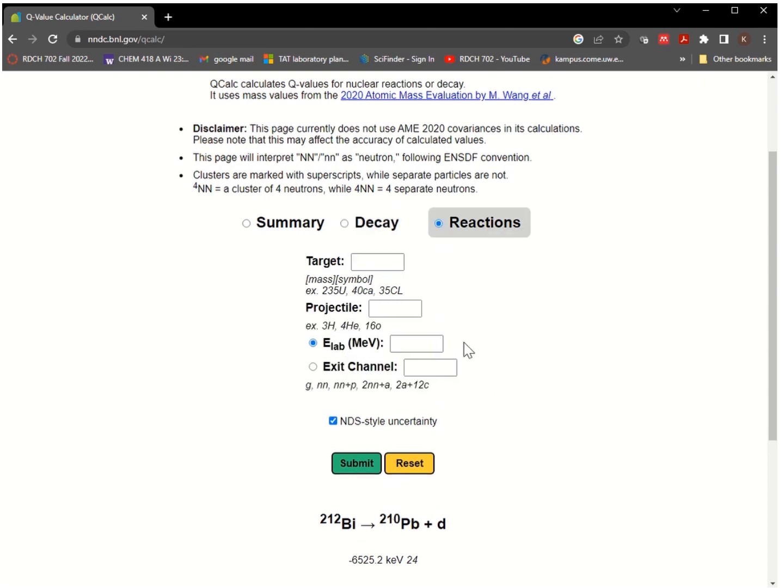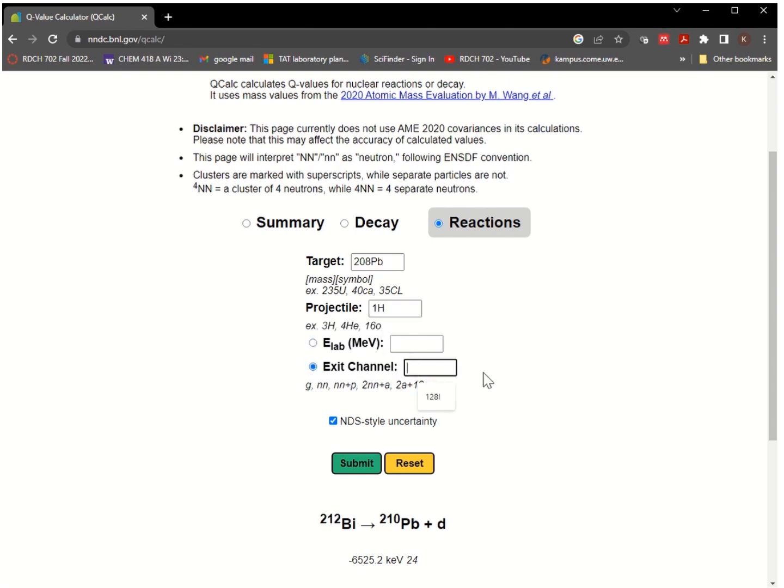Now, this Q value website can be used not only for decays, but also for nuclear reactions. As we discussed in a previous slide, we're showing reactions with iron, but let's take a classic reaction. Let's take lead-208 and turn it into gold, and let's start off by just hitting it with a proton.